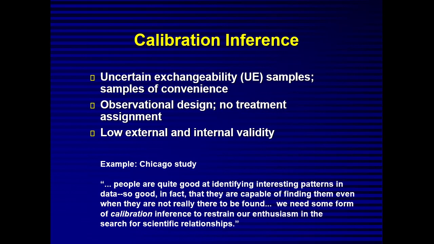That is, we were not responsible for assigning them to conditions. We're just looking at what already exists. There is no random assignment of students to the manipulatives and the non-manipulatives conditions.